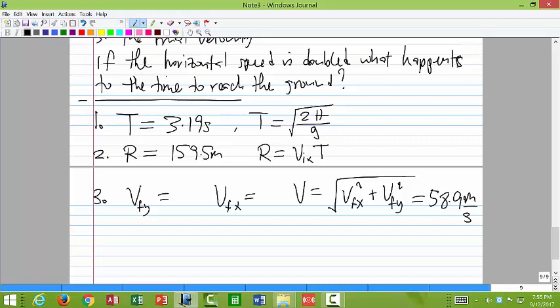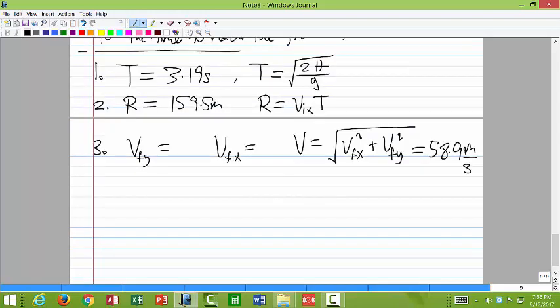So negative 31.9. And v final x is 50. So let me put this formula here, maybe that will help. So v final y is just going to be equal to g times t, and v final x is still the same because there is no acceleration in the x direction, so it's just 50 meters per second.